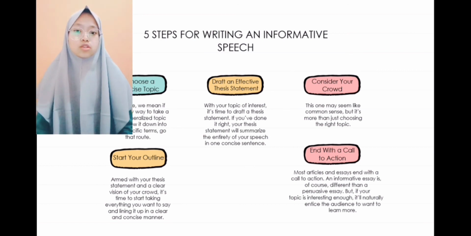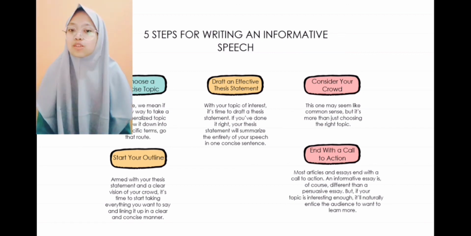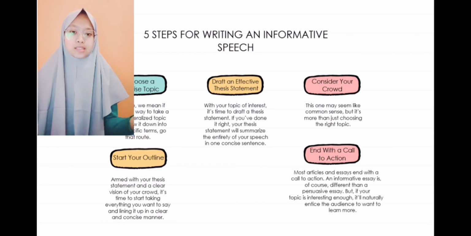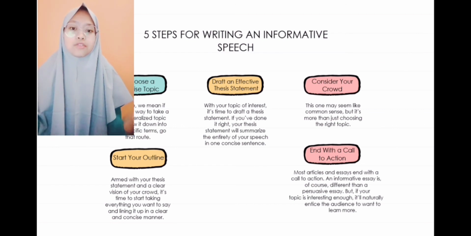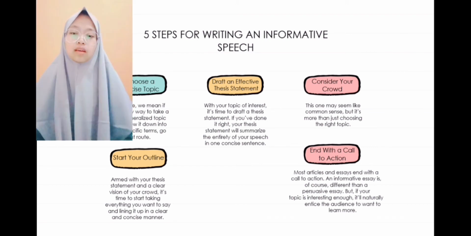The first one is choose a precise topic. By precise, we mean taking a more generalized topic and narrowing it. For example, you could inform the audience on the history of yoga, or you could inform the audience on a particular type of yoga, and so on.